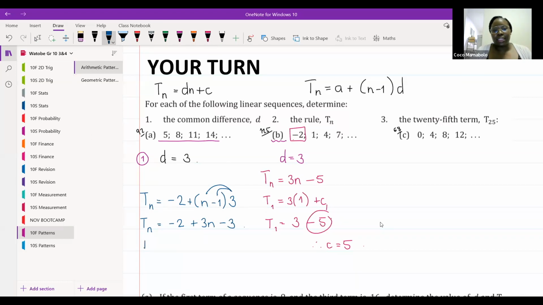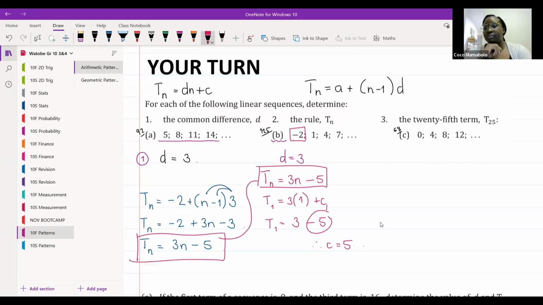So I will then get Tn is equal to 3n, and then -2 minus 3 will give me -5. So if you used either of these formulas, you should get the same general term. Okay.